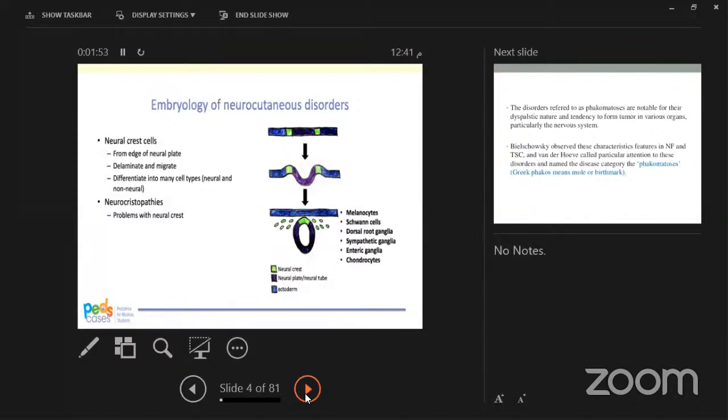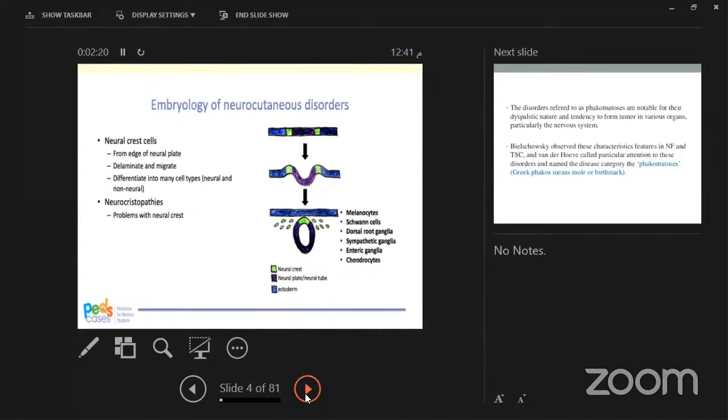Many systems are involved: skin, nervous system, and also the eye. The relationship between the affected systems is embryological development. The embryology of neurocutaneous disorders gives differentiation to the melanocytes, Schwann cells, dorsal root ganglion, sympathetic ganglion, enteric ganglion, and chondrocytes.